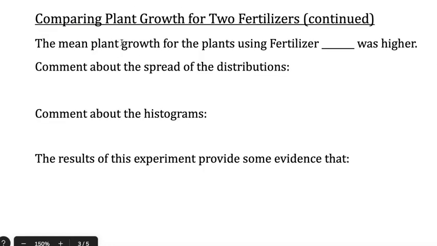So let's summarize those things. The mean plant growth for the plants using fertilizer B was higher. And that was, let's see, x bar for A, or the sample mean for A, was 12.5. And the sample mean for B was 14.4.